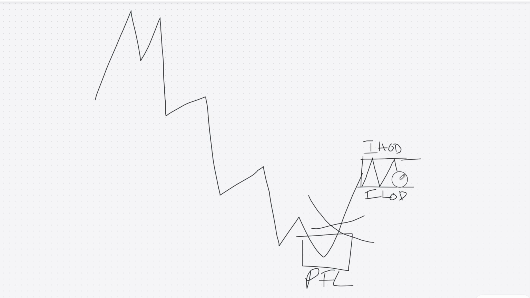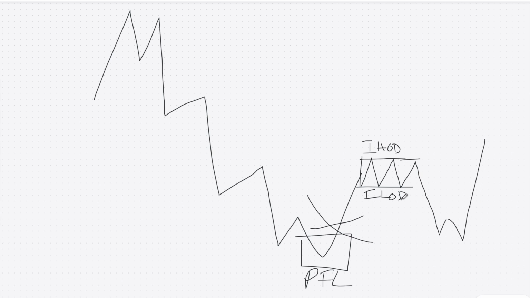We go sideways, sideways, sideways, and then boom, we come down and make the type 1, and then we look for buys. Remember, type 1s break through the bottom of the Asian range in this example because we're looking for buys. So that's what the pattern looks like if we're looking for buy options on a type 1 after coming off of a peak formation low.